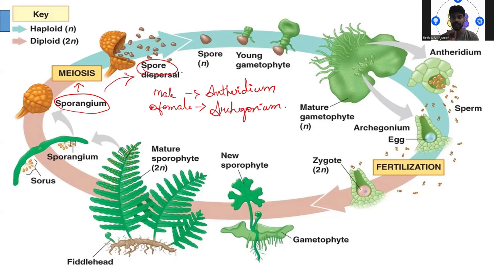At one specific condition, the spores get dispersed, as you can see here. Now, will the spores be haploid or diploid? Since I have been talking about reduction, they will be haploid.